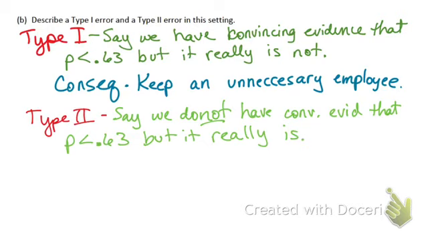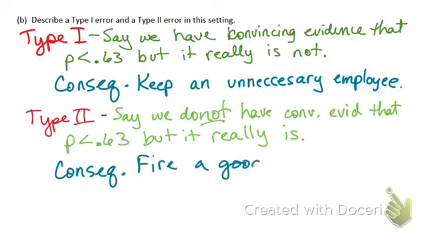What's going to happen to that employee in this situation? Yeah, we're going to fire a good employee. And guess what? Our drive-through times are going to still be just as bad as they've always been, even though this person helped make a difference.